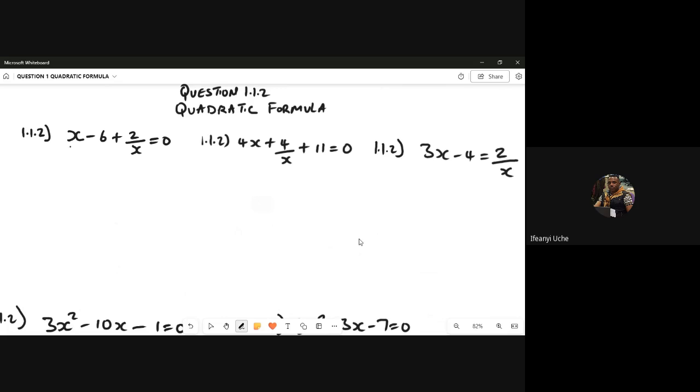You can make all of it over 1 and use x as your LCD, which is going to give us x divided by 1 here will give me x. Then here is x squared minus the same thing, x divided by 1, multiply the numerator is going to give you 6x, and then this one, x divided by x, is 1. 1 times 2 gives you 2.